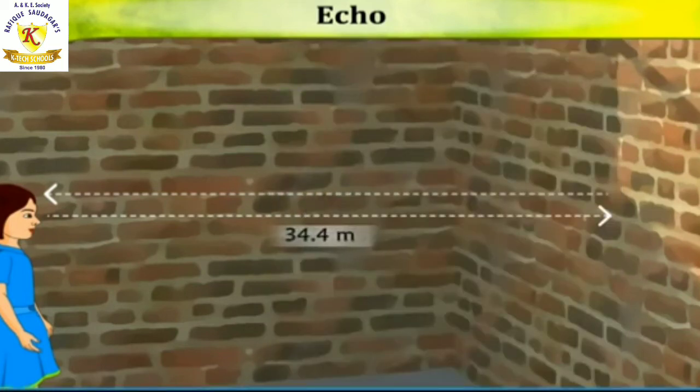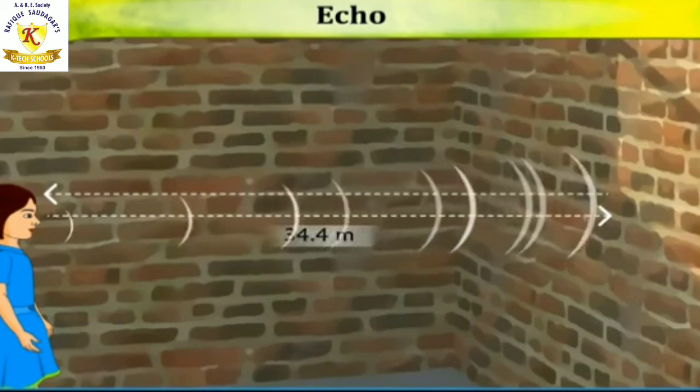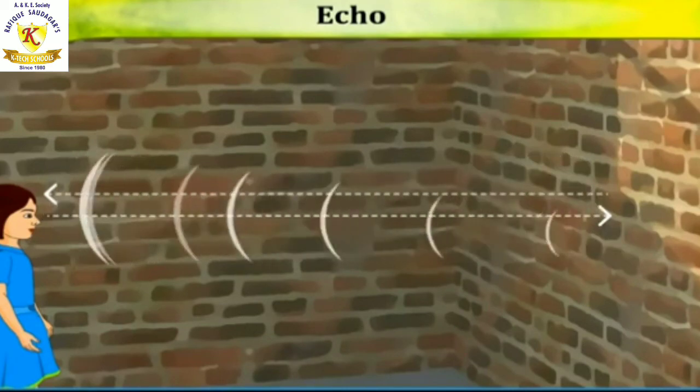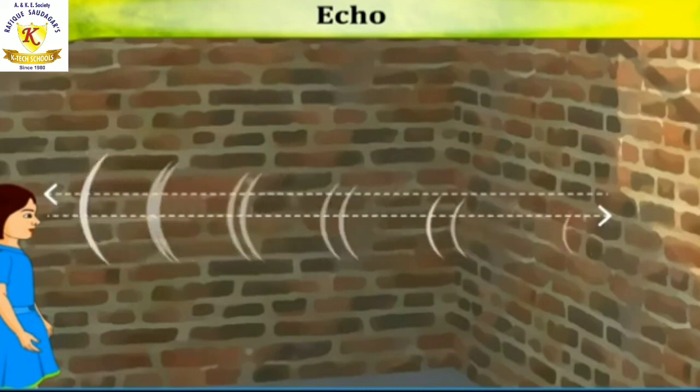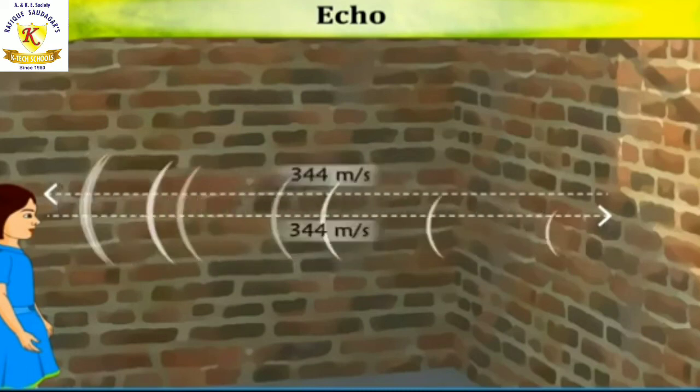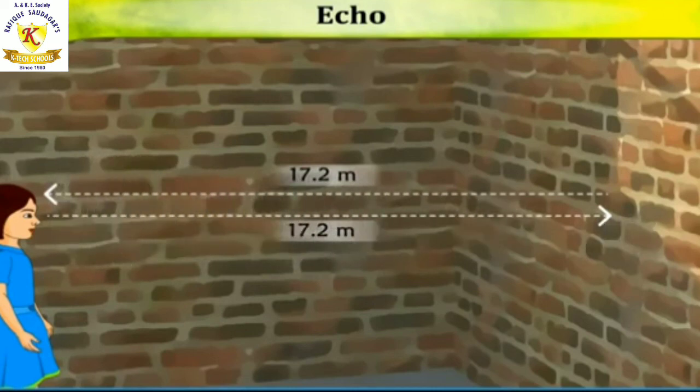Thus, to be able to hear a distinct echo, the reflecting surface should be at a minimum distance of half of the above, that is 17.2 meters. As the velocity of sound depends on the temperature of air, this distance depends on the temperature.